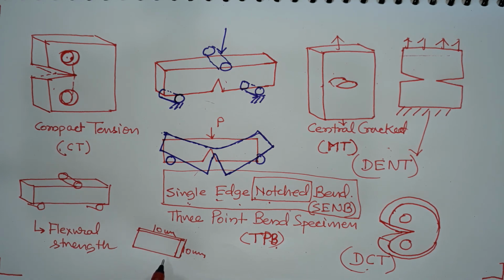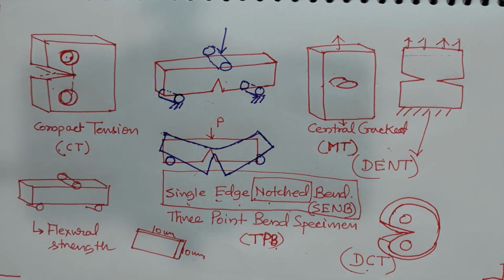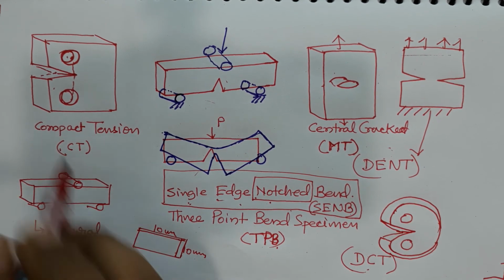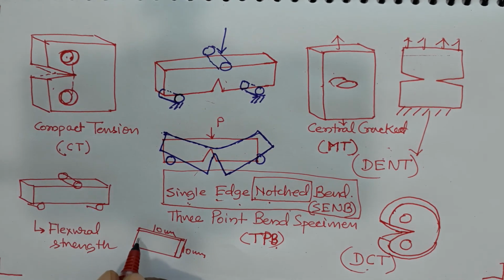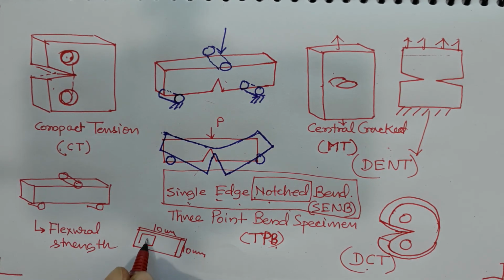Apart from size, there can be different constraints on the form in which you are making the material. If you are making the material in rectangular form, then this kind of specimen can be cut from it. You can cut this kind of specimen, make holes in it and do the testing.